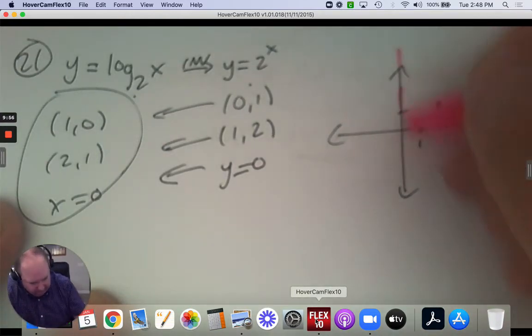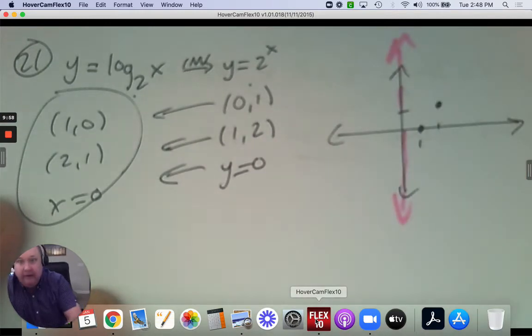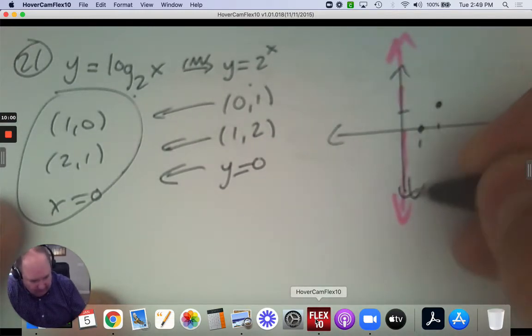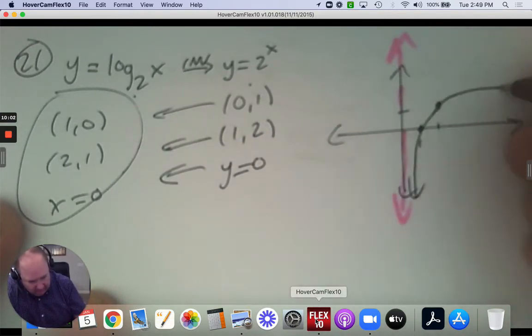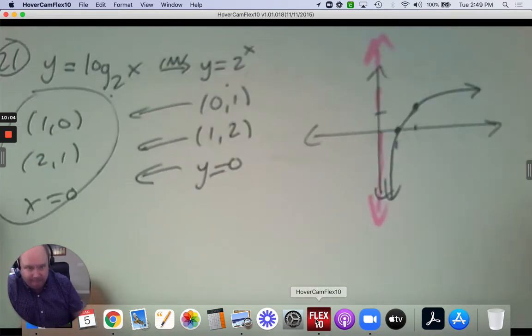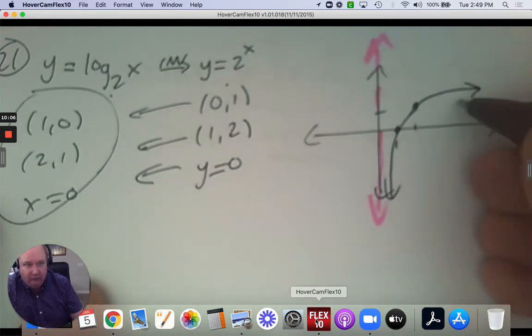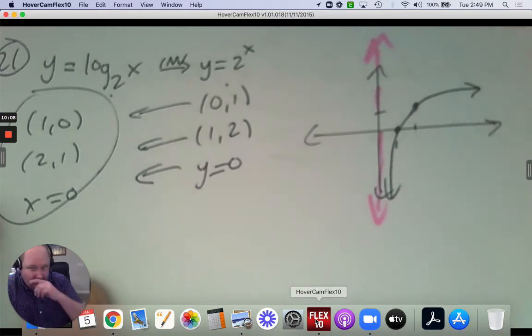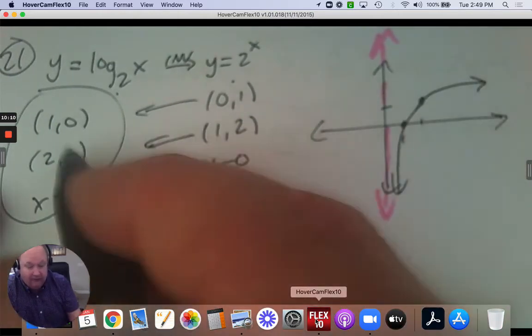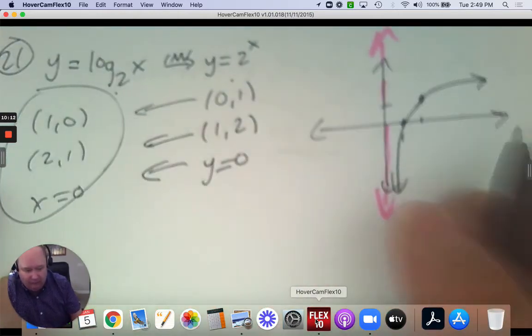Now the curve of a logarithmic function is concave down. It goes forever down and forever up, but that's the curve of a logarithm. So we're going to remember that curve, and we're going to remember these points as we do the other questions.